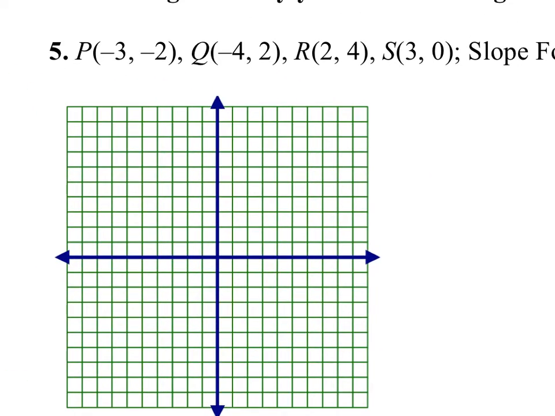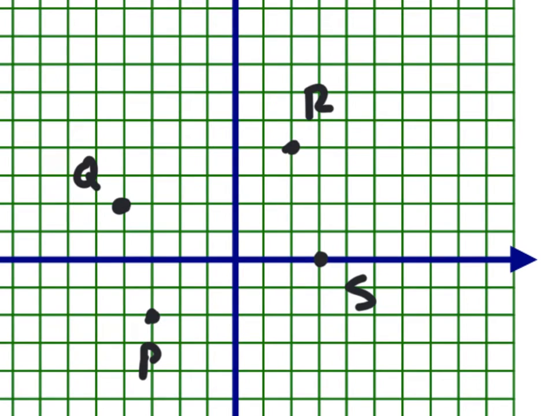I'm going to plot the point -3, -2, that's point P. I'm going to plot point Q, that's -4, 2, and then I'm going to do 2, 4. That's R, and then S is 3, 0. So I'm going to call these P, Q, R, and S. I'm going to zoom in on this and connect my dots.